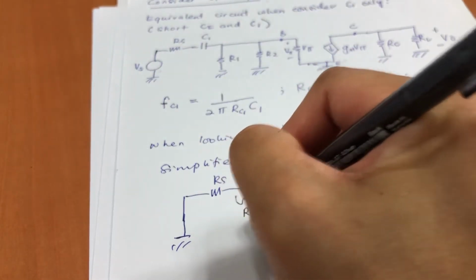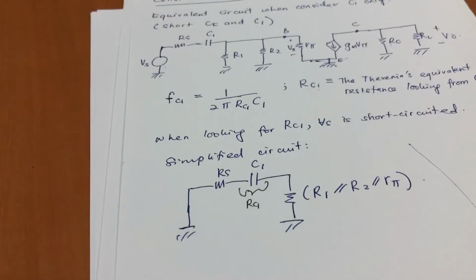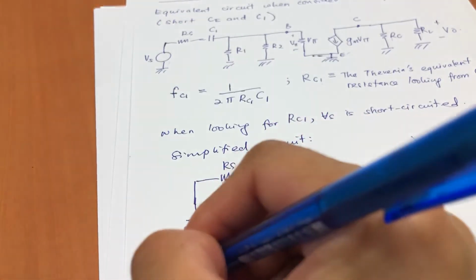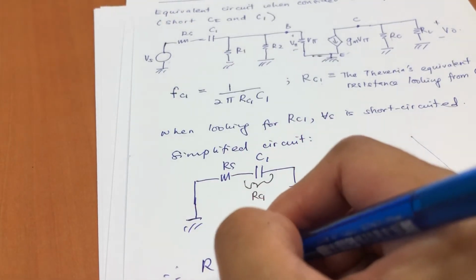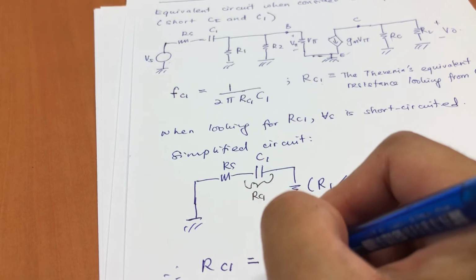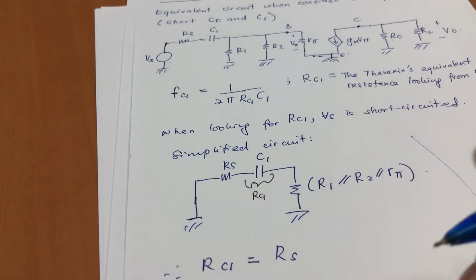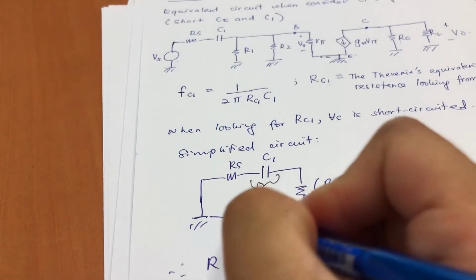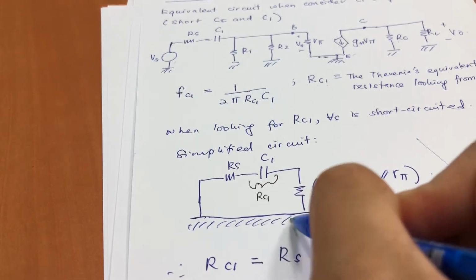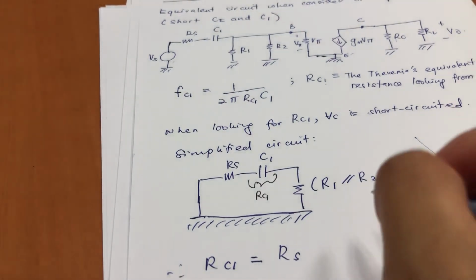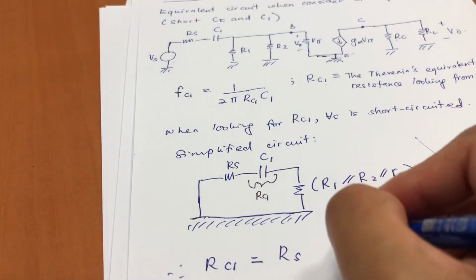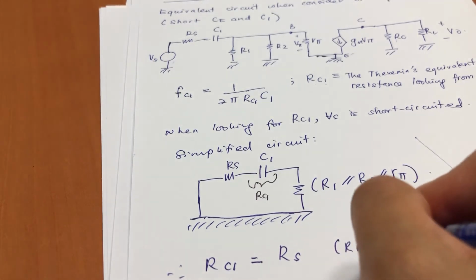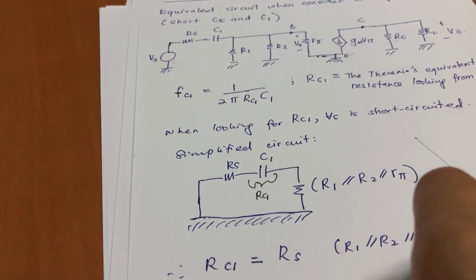The resistance RC1 looking from there is RC1 equals RS, plus or parallel, because this is actually connected to ground. From here it is RS, with R1 parallel R2 parallel R pi, plus or parallel.